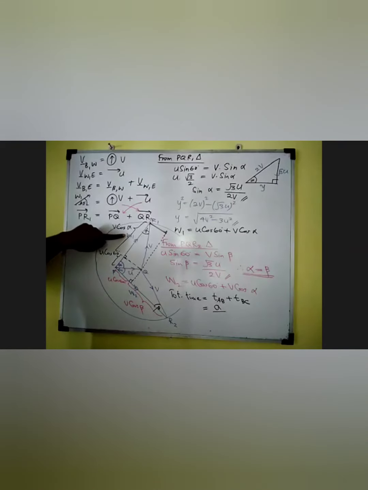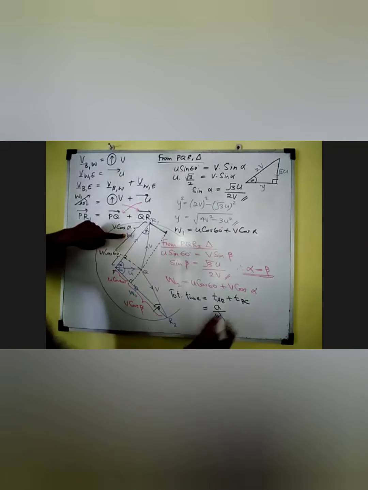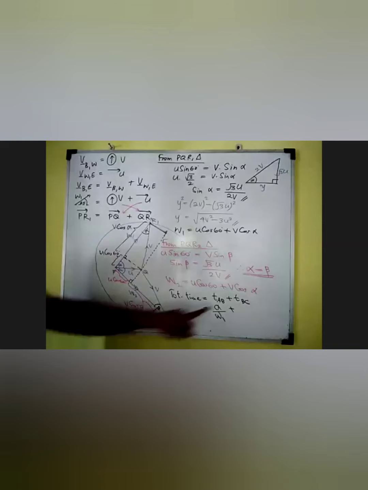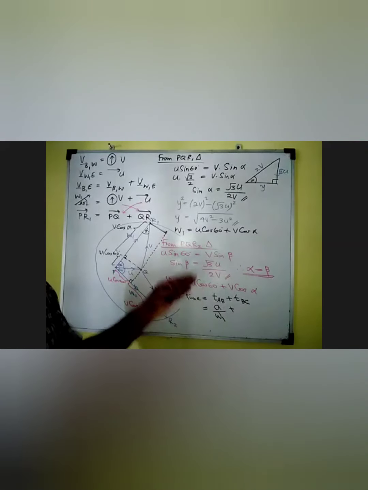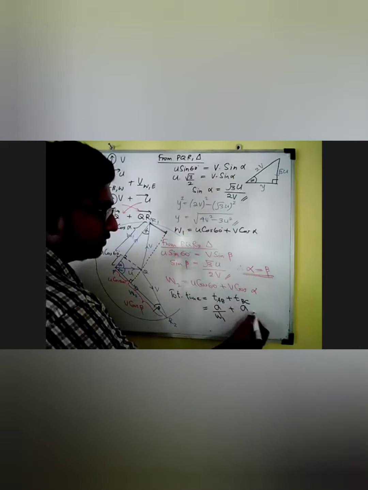What is that velocity? That is W1. Then time BC, time taken to travel from B to C, is distance from B to C, which is A, over velocity of B to C, that is W2. So you have to add these two.